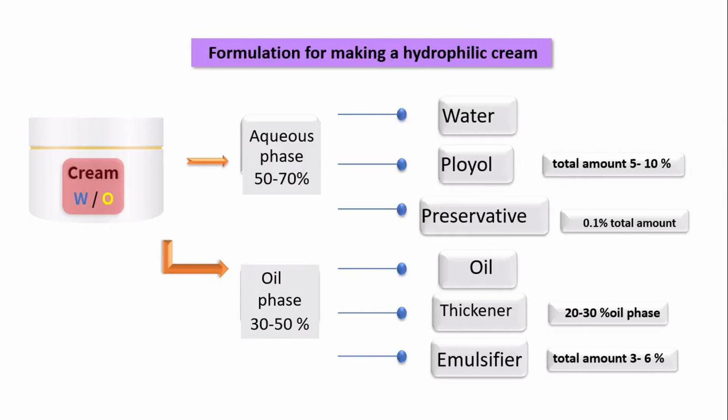Standard practice is to consider the aqueous phase to be 50 to 70% and the oil phase to be 30 to 50%. The aqueous phase is made up of water, polyol, and a preservative. In the oil phase, there's oil, a thickener, and an emulsifier.